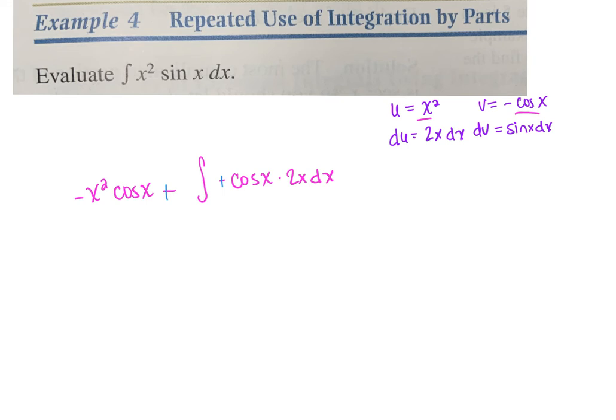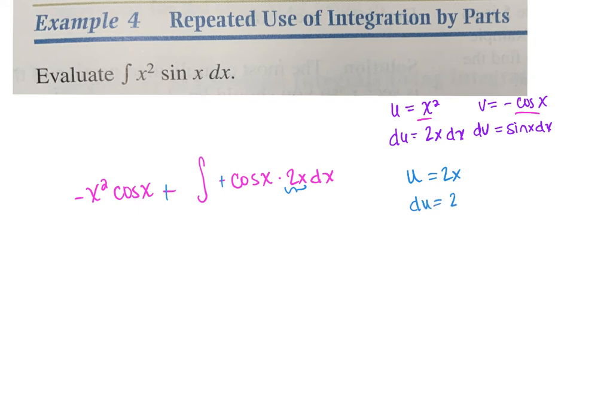I have cosine of x and a 2x, which doesn't help me at all. However, now I've actually gotten rid of an exponent on that x, as opposed to added one to it if I had taken the antiderivative. So if I do integration by parts again, I can set up the 2x as my u.